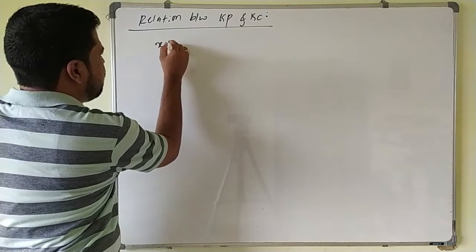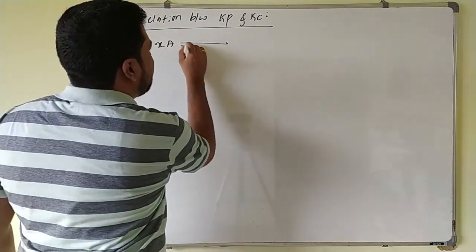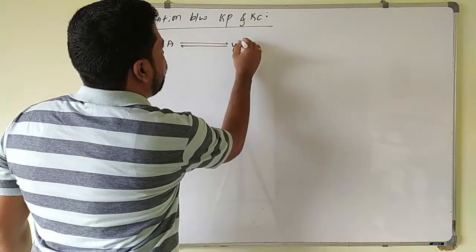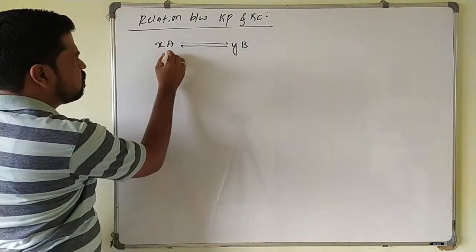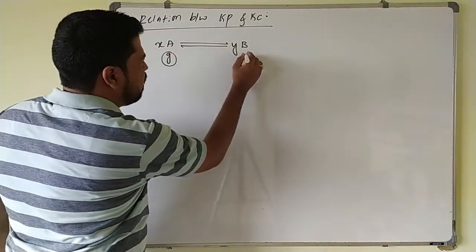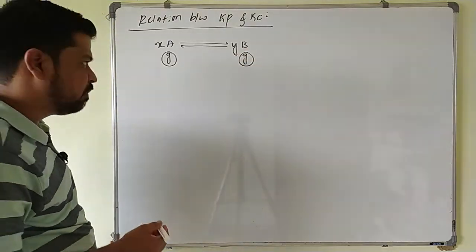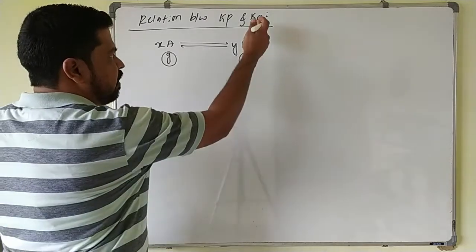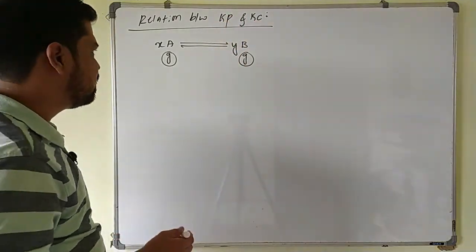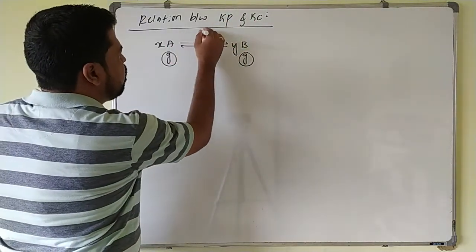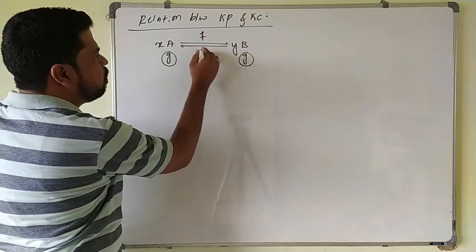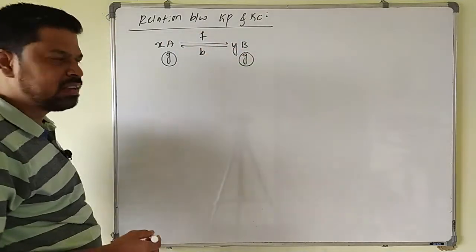For example, x moles of A giving y moles of B. So the reactant is a gas and the product formed is also a gas. Since it is a reversible reaction, it will achieve equilibrium, so you can write Kp and Kc for this reaction. A to B is the forward reaction, B to A is the backward reaction.